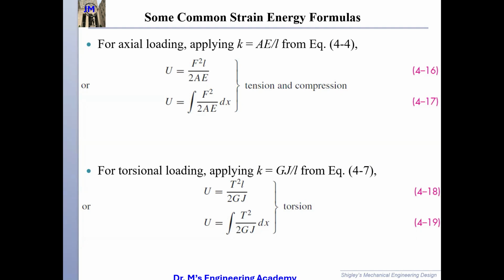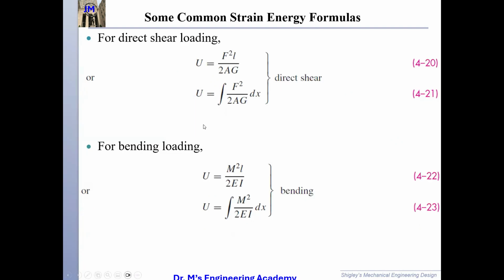That means J is changing with respect to the x location. Question? No question? So we use this one for a uniform cross-sectional area throughout the length, and we use this equation for the beam for which the cross-sectional area is changing.